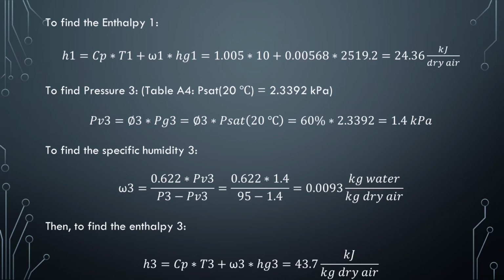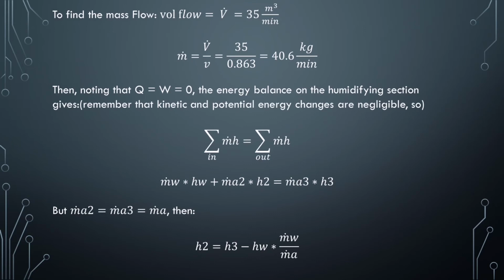Then to find the enthalpy 3, remember the equation just before, but now applied to the state 3, and after replacing we get that enthalpy 3 is 43.7 kJ per kilogram dry air.